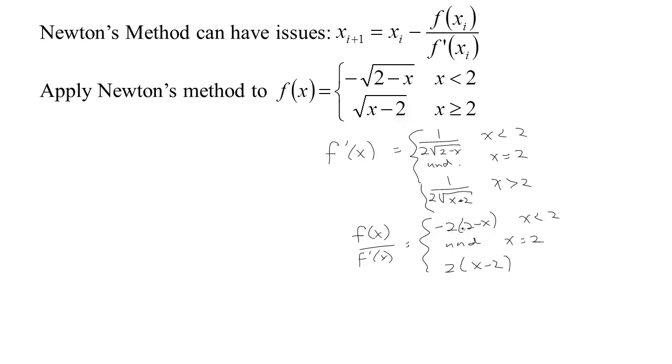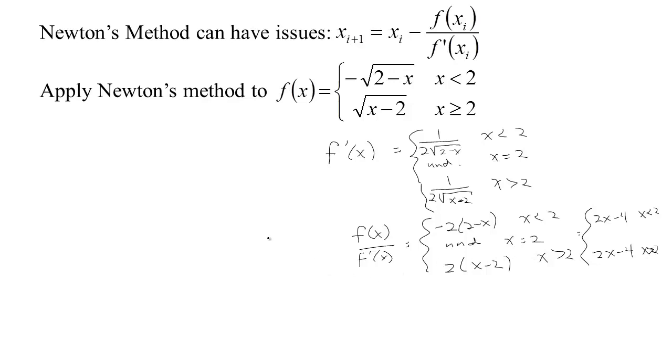When x is greater than 2, I could simplify one more step. We have negative 4, and then minus 2 times minus x would be 2x minus 4, and here we have also 2x minus 4. So we're getting the same thing either way, whether x is less than 2 or x is greater than 2.